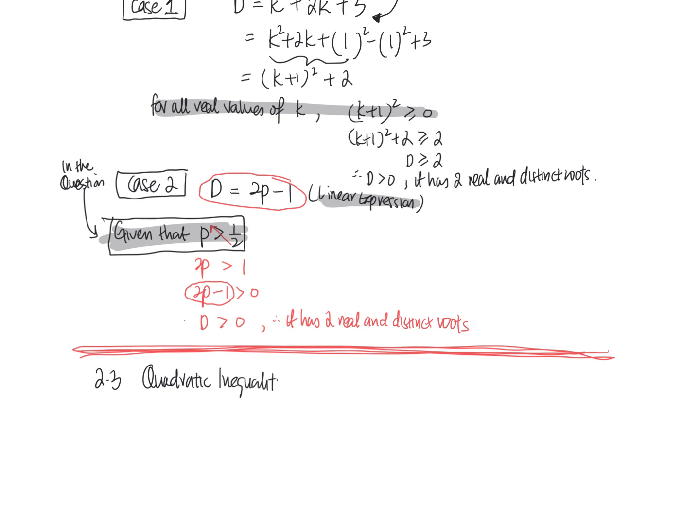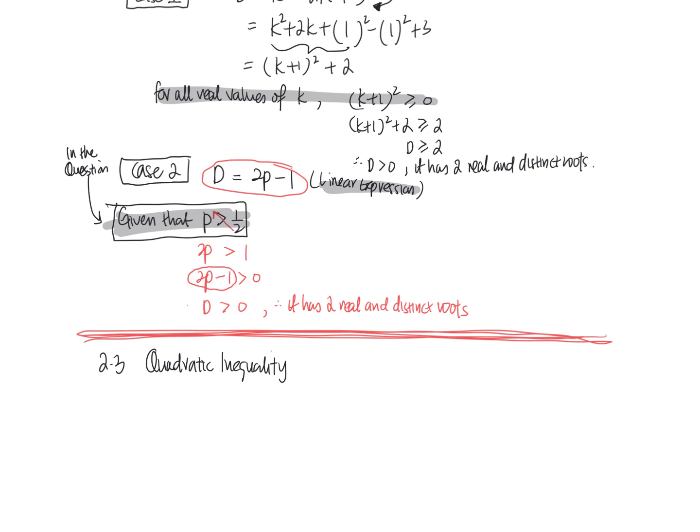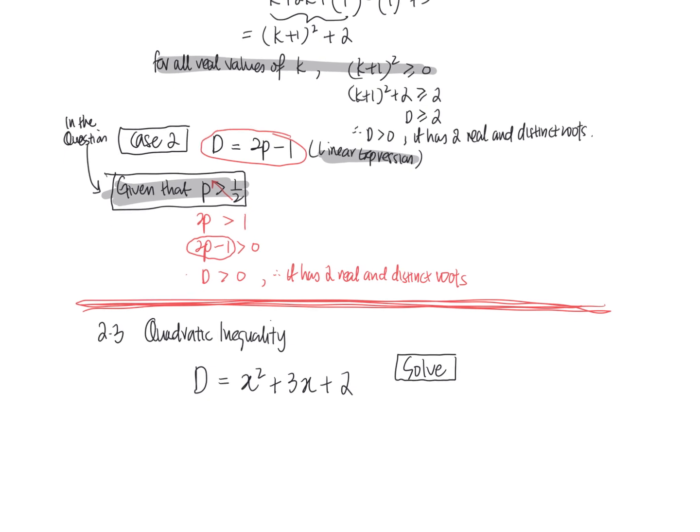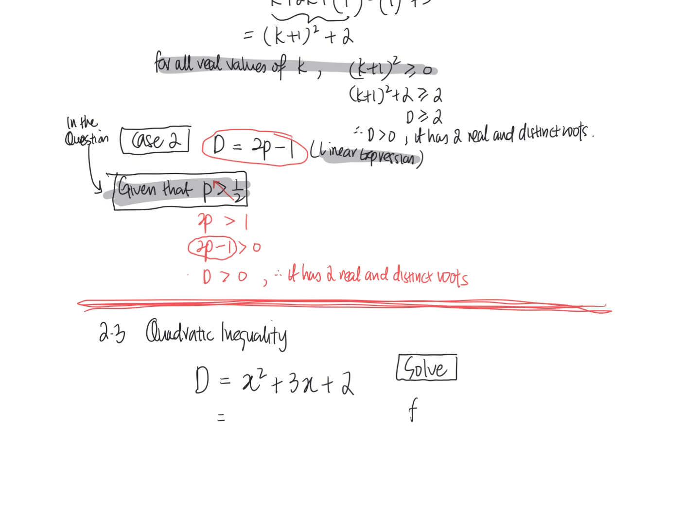So remember, if the discriminant that you found from part A, part B, that you want to solve ends up being a quadratic expression, and it's not a proof question, it is a solve question, then you don't need to complete the square, you will need to factorize it. So go and factorize it. So the second step that you need to do is to factorize it.